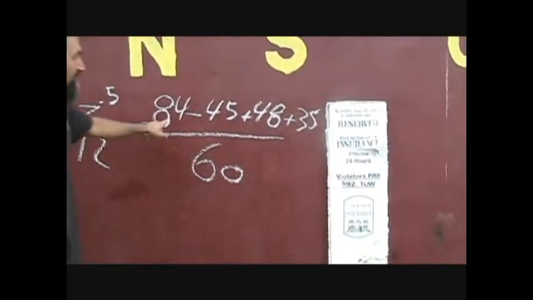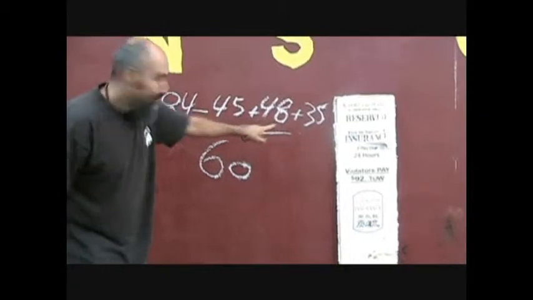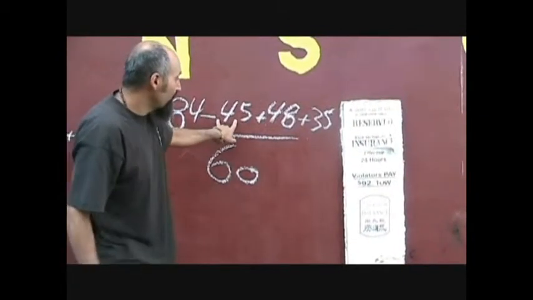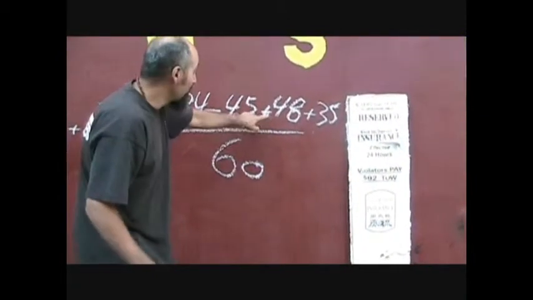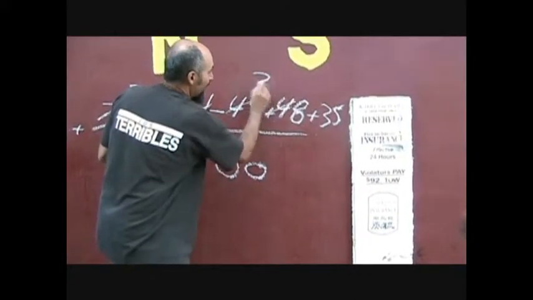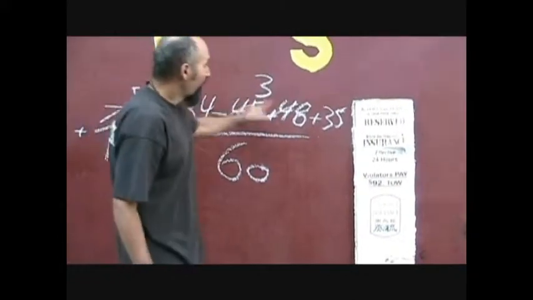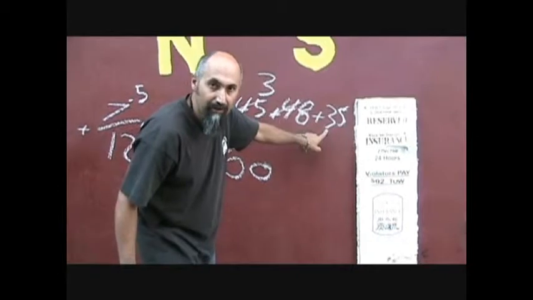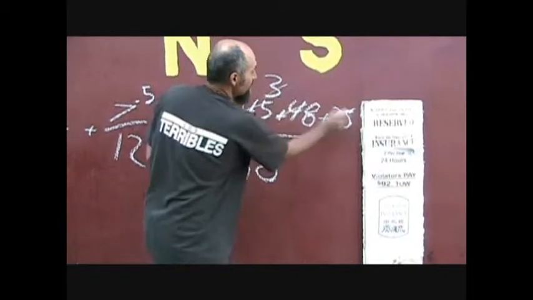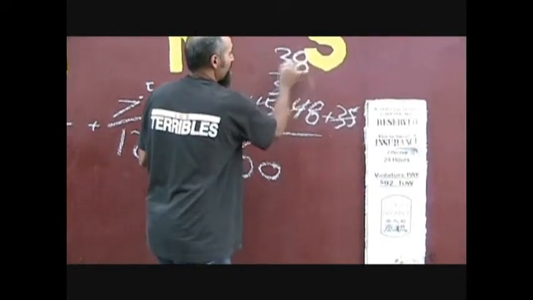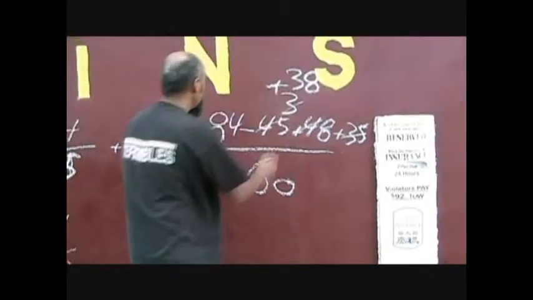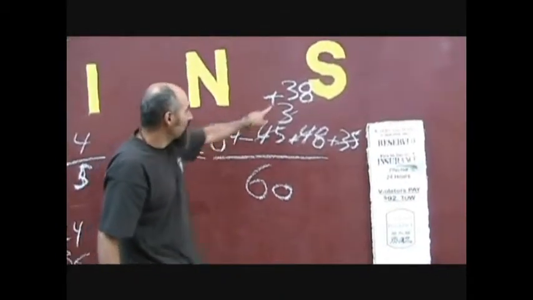Now what you've got to do is combine all these things. We've got negative 45 plus 48. If you combine these, you're going to have 3 left over. 3 plus 35 is 38. And it's positive. So all you've got to do now is add 84 plus 38.